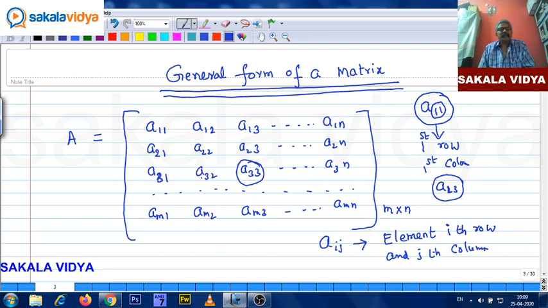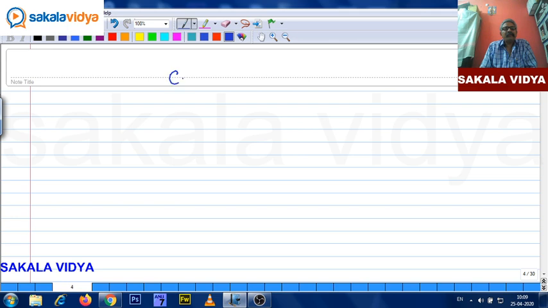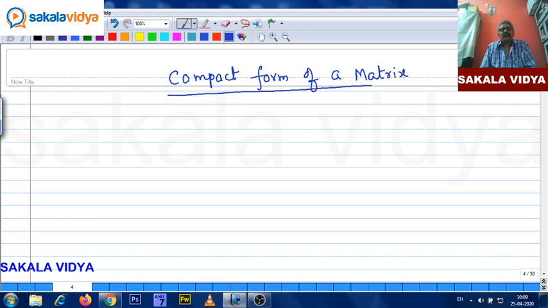This general form is very lengthy, so instead of writing it, we can write it in compact form, or the simplest form.